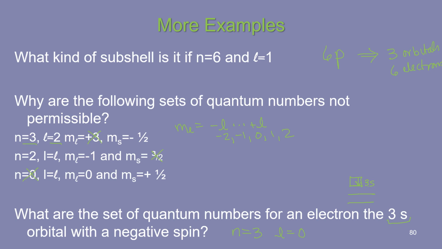Now, because there's only 1 orbital in an s subshell, M sub L only has the option of being 0. And if I have a negative spin, then M sub S equals negative 1/2. So these 4 quantum numbers represent that electron in the third shell, the s subshell, the 0 orbital, which is the only one, of course, and then the negative spin. So again, I hope that makes sense.